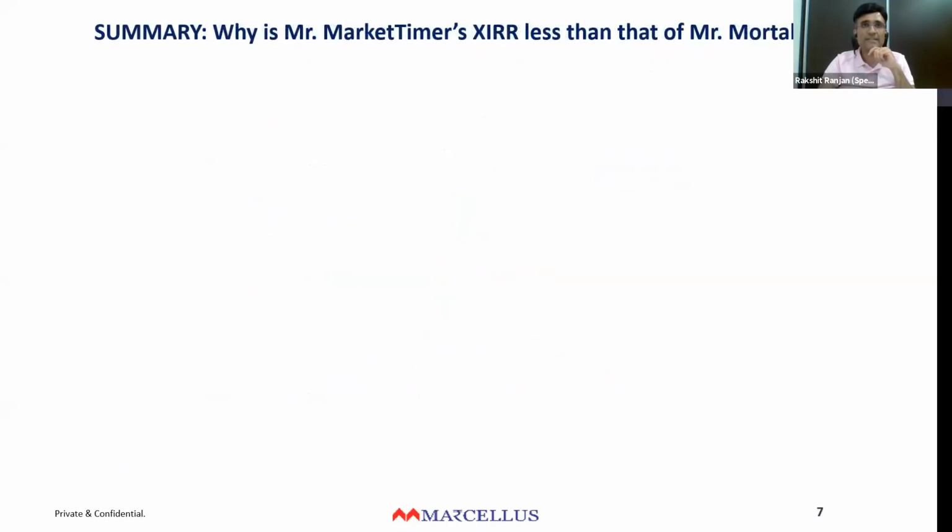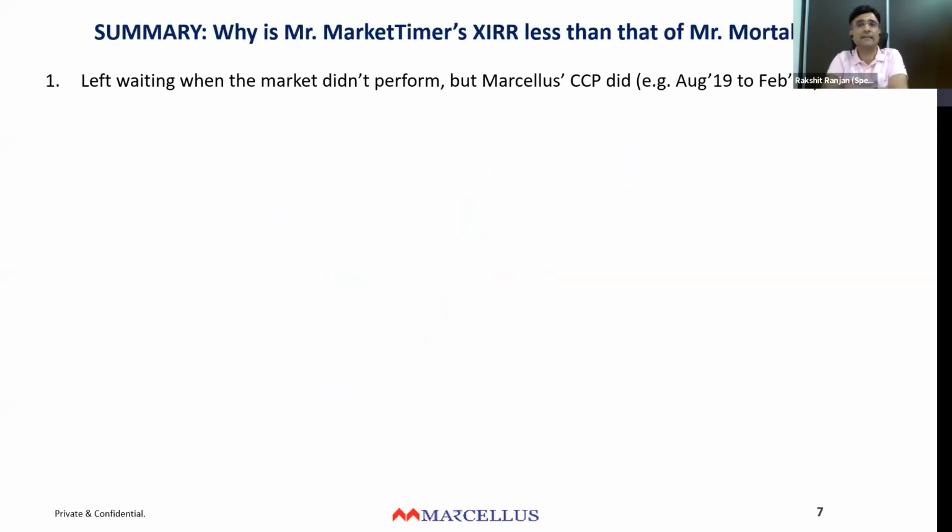So in summary, let's just conclude what we've understood from the analysis so far. Why does Mr. Market Timer lag behind Mr. Mortal, who does SIP, in XIRR outcome? First and foremost, left waiting variant number 1: when CCP performs, but market doesn't perform, market stays flat.